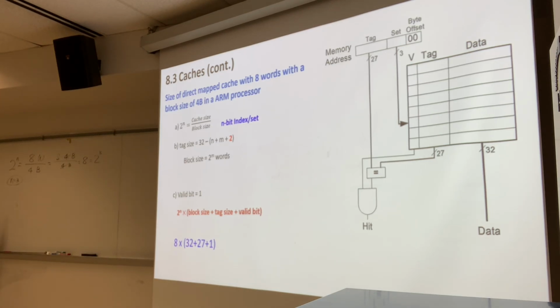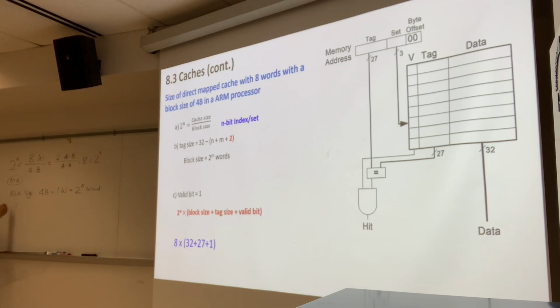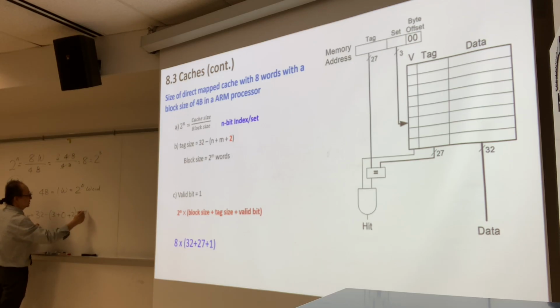The block size, we said, equals 4 byte, which is 1 word, which is 2 to the power of 0 word. So from here, m equals 0. The tag size equals 32 minus n plus m plus 2. So that is 27.